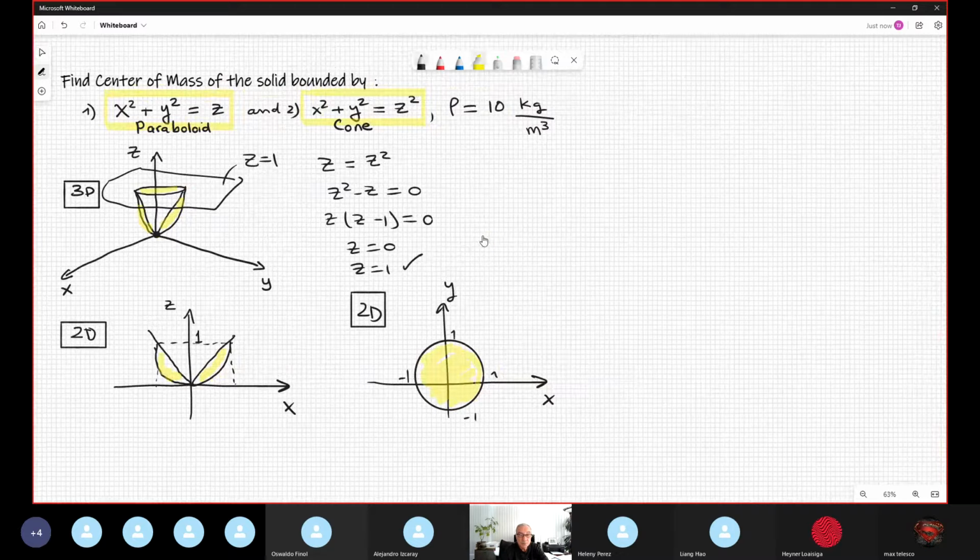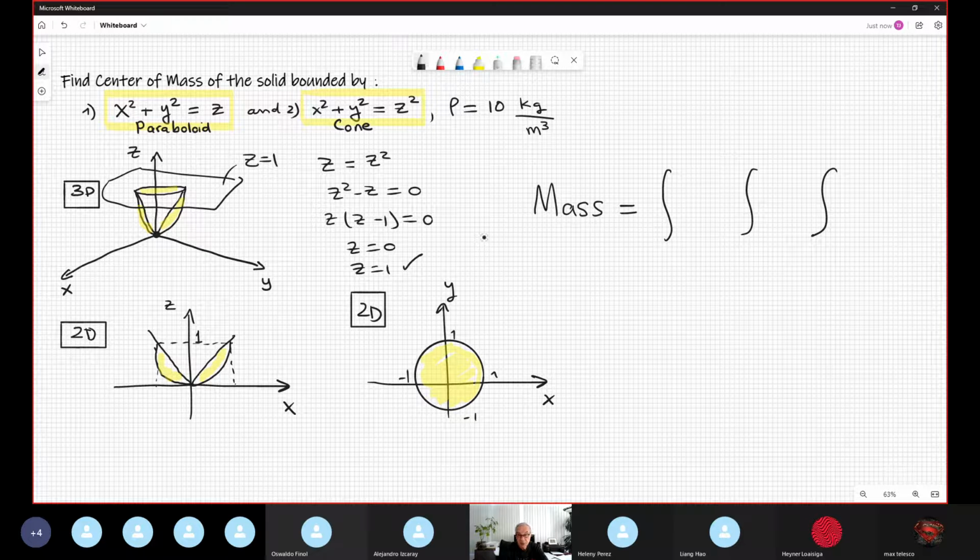Therefore, I am ready now to apply, for example, to compute the mass. Triple integral. The integrand is constant, que es the density, que es 10. Entonces, I make a decision to apply, of course, in my opinion, the best way is cylindrical coordinates.